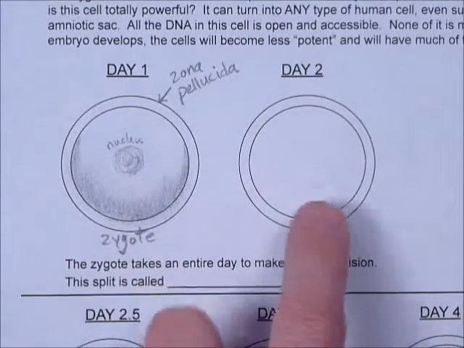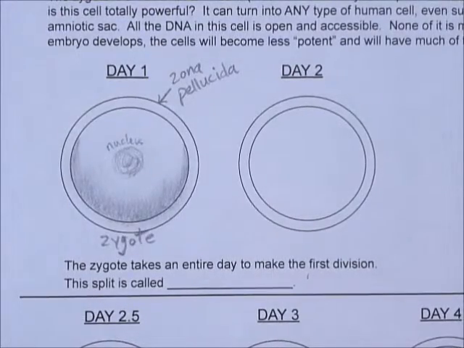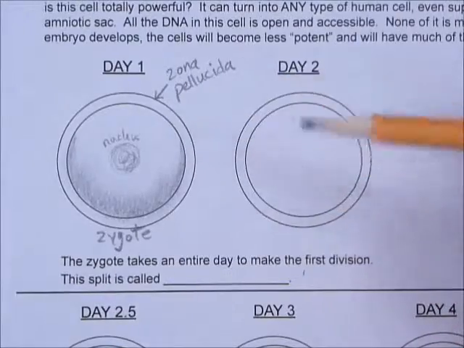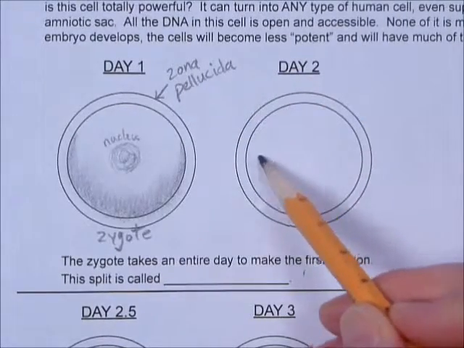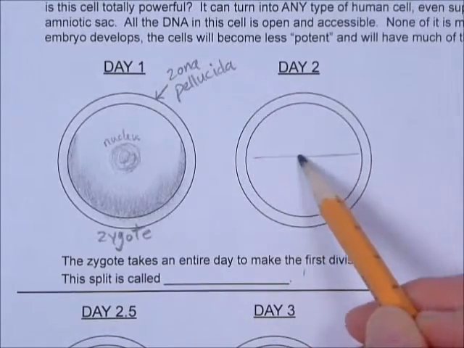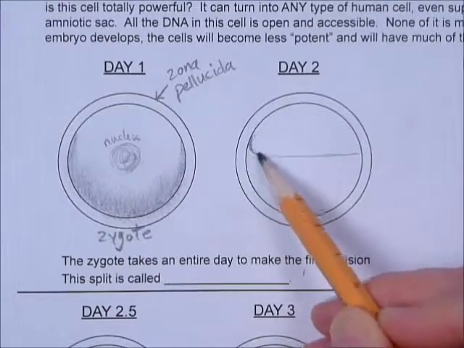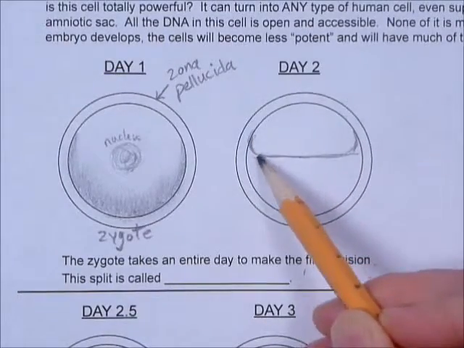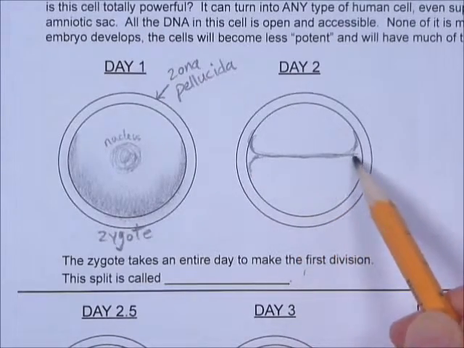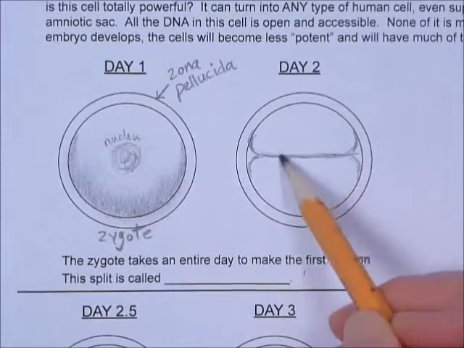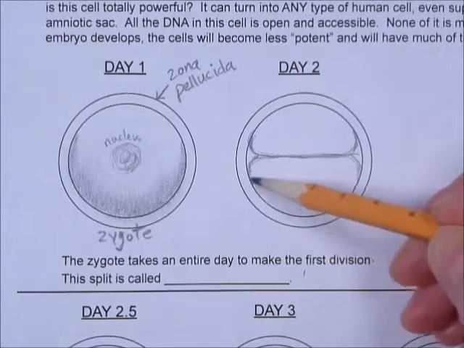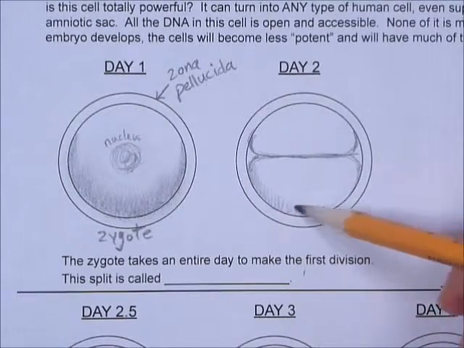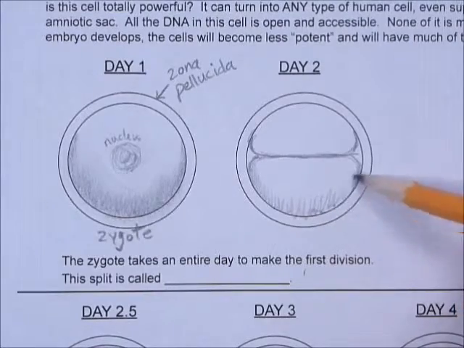So what happens between day 1 and day 2? Well, it takes an entire day for this cell just simply to divide in half. So if you want to make a line right about here, and I'm going to round this a little bit, so it looks like there's 2 things sitting in here. And again, I think I'll shade this a little bit so it looks a little round.